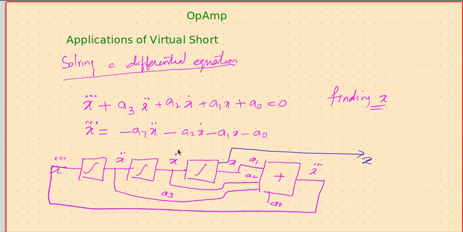Then add them all to get the right hand side, and we know that the right hand side is equal to the left hand side. So just connecting them says that they are equated, and this gives you a signal x, which is nothing but the solution we are finding. This is a wonderful way of solving a differential equation.